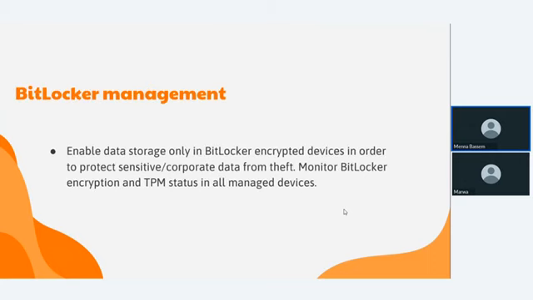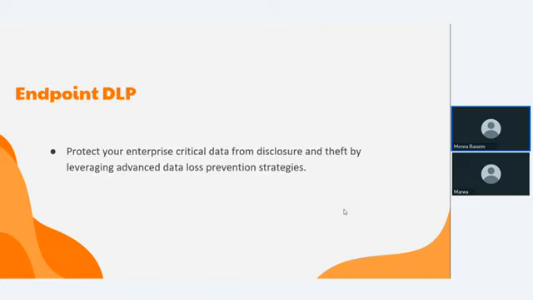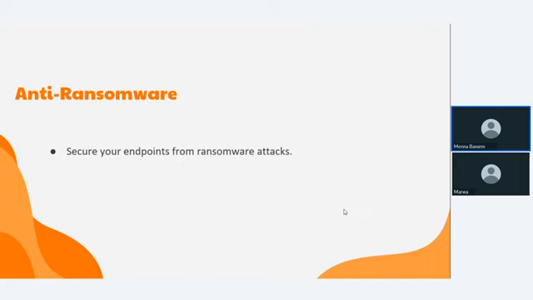BitLocker management makes data be stored only on BitLocker encrypted devices to protect your sensitive data. Here we have Endpoint DLP to protect your enterprise sensitive data by data loss prevention. And the last one, we have anti-ransomware to secure your endpoints from ransomware attacks.